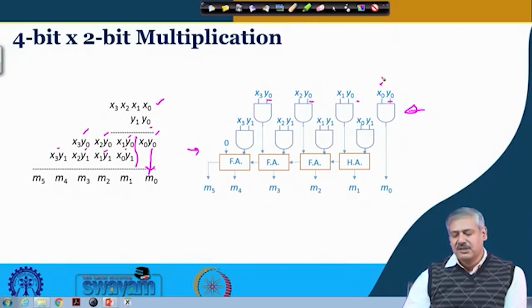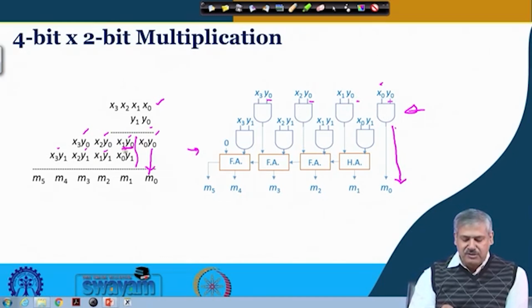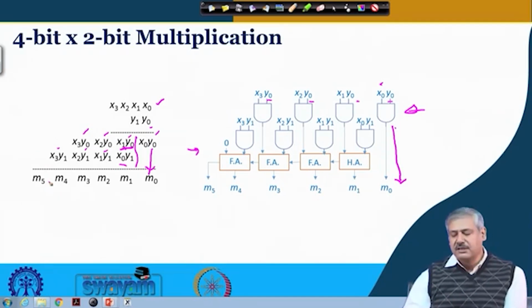So, this is the AND output. This AND output directly goes as m0, and whatever is generated, this x1 y0 over here, is to be added with the next partial product.